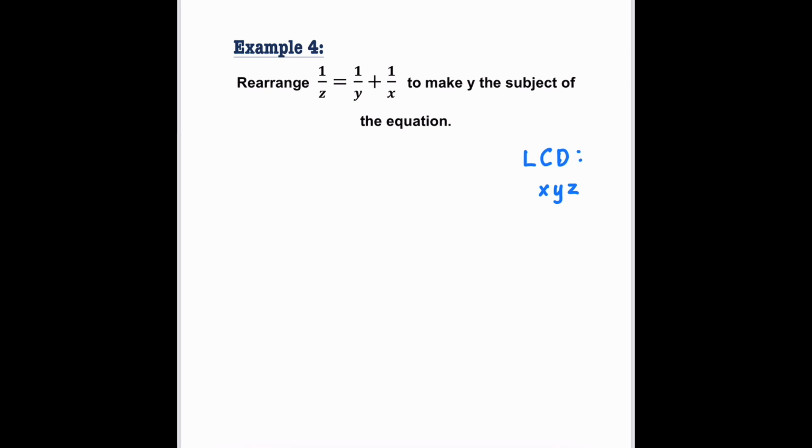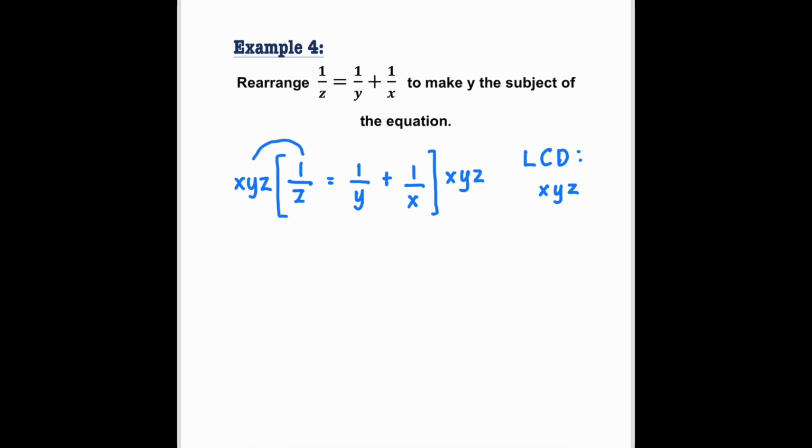Okay, and what do we need to do with the LCD? We need to multiply the entire equation by the LCD, and the purpose of that is to get rid of the fraction. So we multiply the entire equation by the LCD, both left and right.